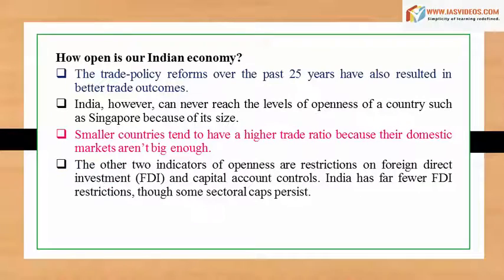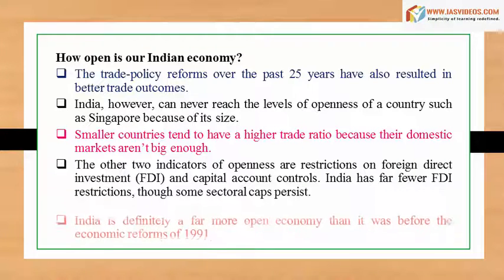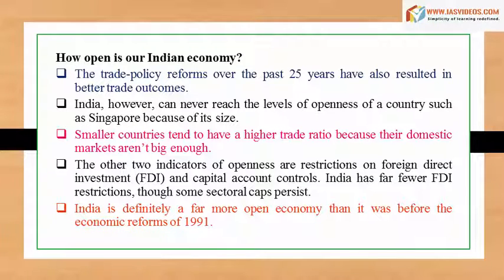The other two indicators of openness are restrictions on foreign direct investment, FDI, and capital account controls. India has far fewer FDI restrictions, though some sectoral caps persist. India is definitely a far more open economy than it was before the economic reforms of 1991.